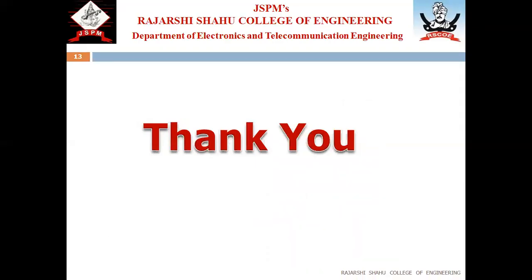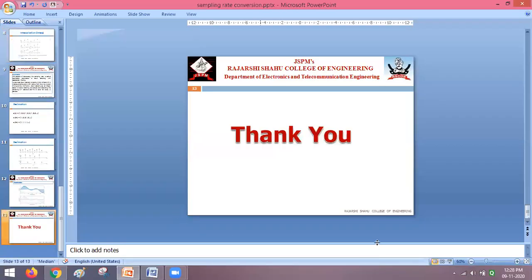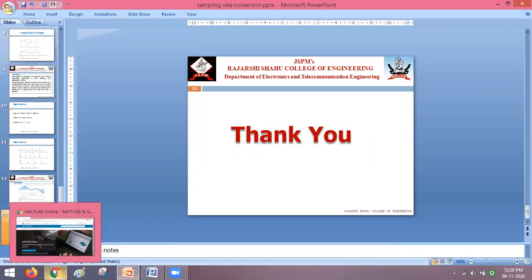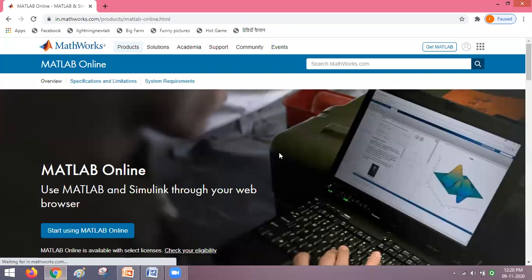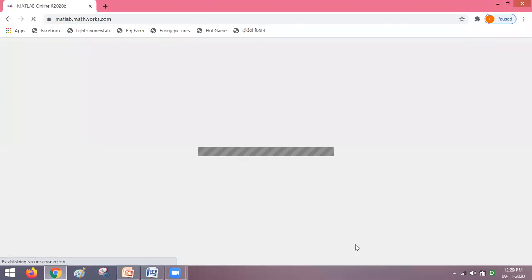Now same thing we will discuss with the help of MATLAB software. So for that purpose, to use the MATLAB online, you must have the registration for this. In your Google search window, type MATLAB online, then you will get this window. On this window, there is one option, start using MATLAB online. Click on that.